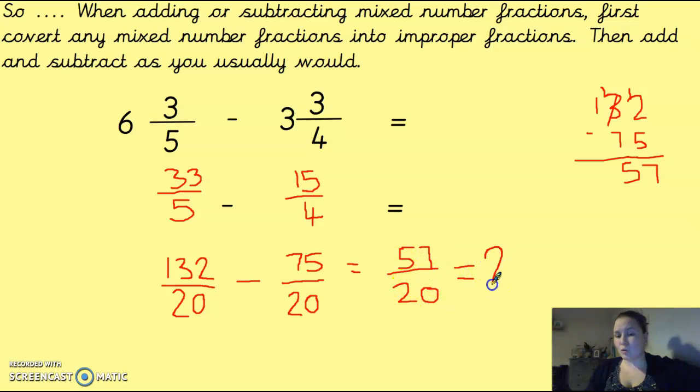I would have 2 wholes and 17 20ths. Now that's quite tricky, so hopefully I've got that one right, and hopefully you found that you came to the same answer. Like I say, it feels a bit tricky, but if you break it down, it really isn't.